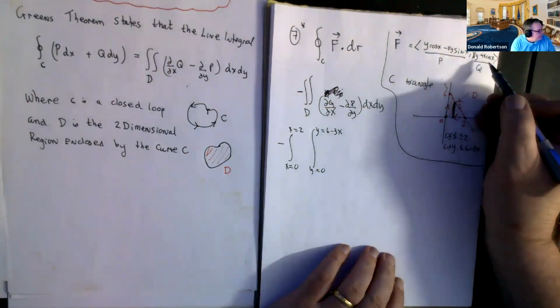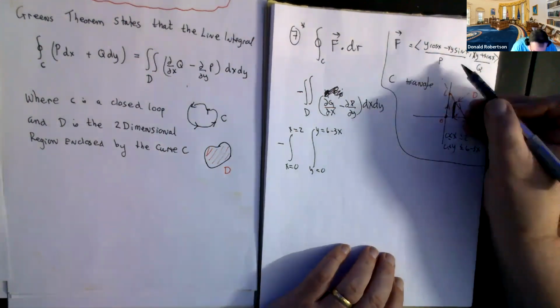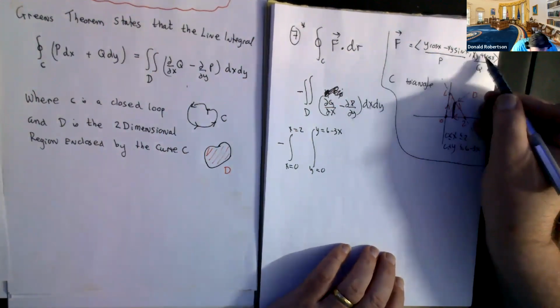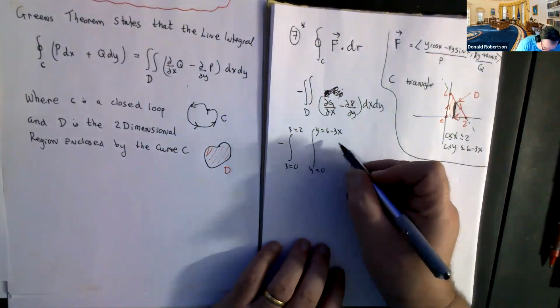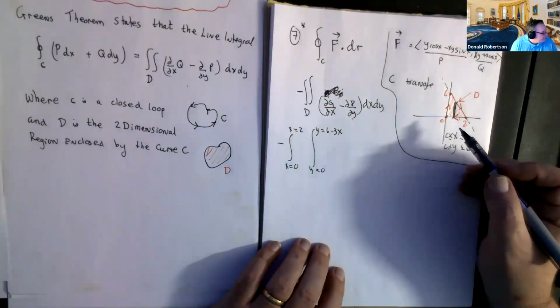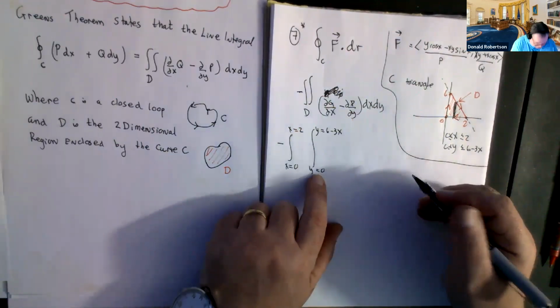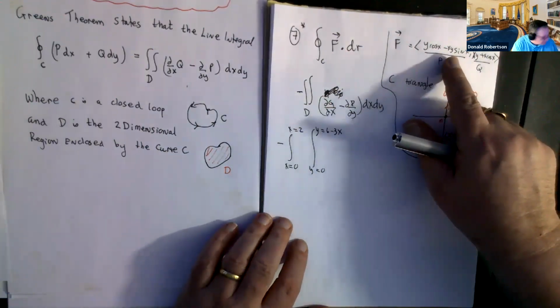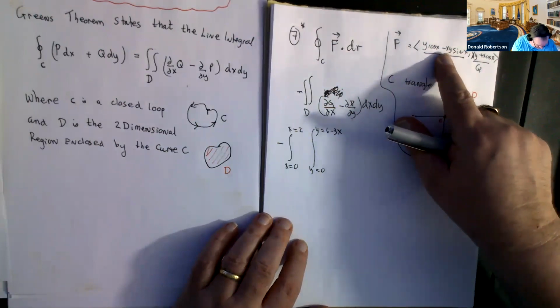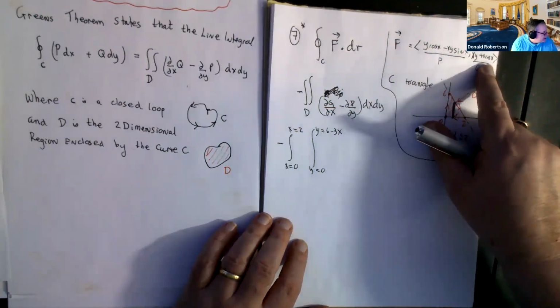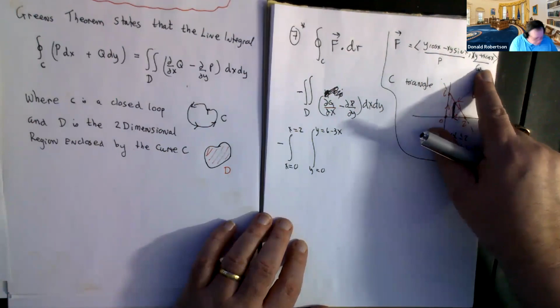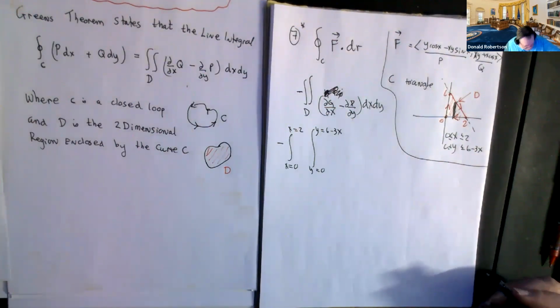F is already written in the form that we need, which is these two guys. So when I'm differentiating with the two guys, I'm basically just going to be differentiating this guy with respect to y, right, and this guy with respect to x. So why the heck is that not working? Did I write something down wrong?